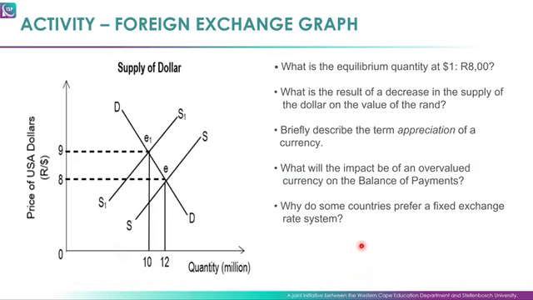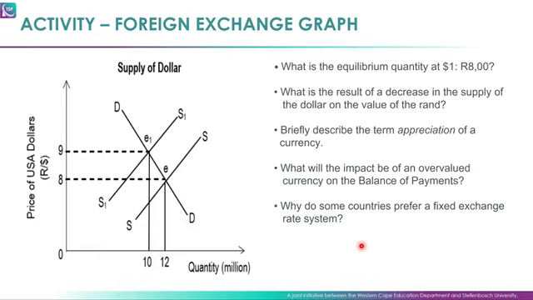And the first question asks, what is the equilibrium quantity at $1 to 8 Rand? What is the result of a decrease in the supply of the dollar on the value of the Rand? And briefly describe the term appreciation of a currency.